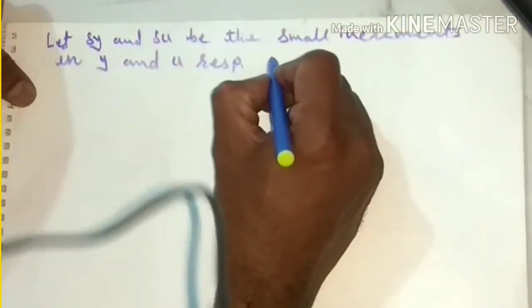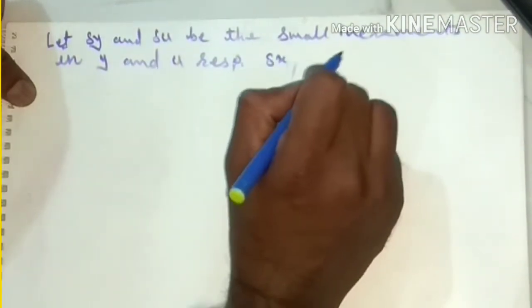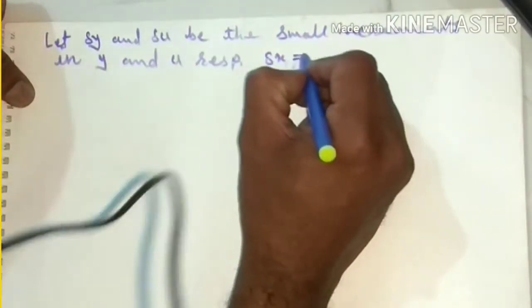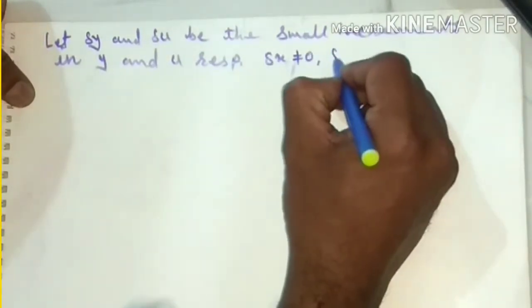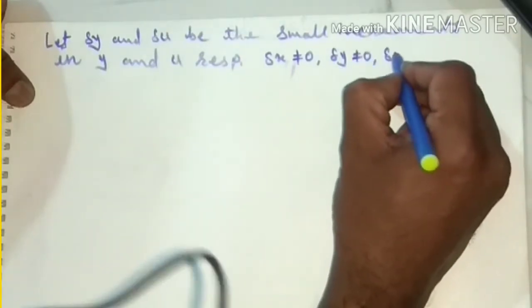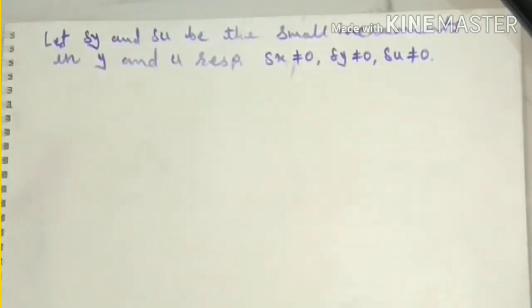And friends, these increments are such that delta x, delta y and delta u are not equal to 0. It means we have to take the increments in x, y and u in such a way that not a single one of them is 0.